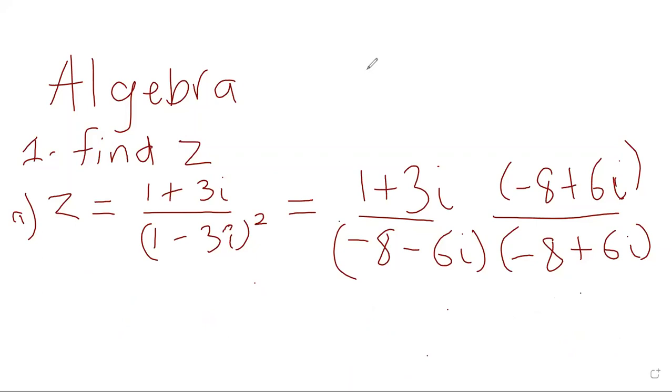So we are going to multiply. We know that if we multiply a number by its complex conjugate, it's a very, very nice way of simplifying. Let's try and see.